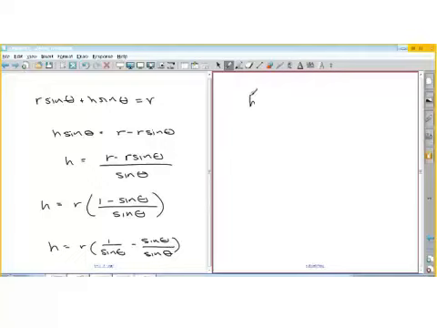So that's the answer. R cosecant of theta minus 1. And that's because 1 over the sine of theta is cosecant, just from the definition of cosecant.